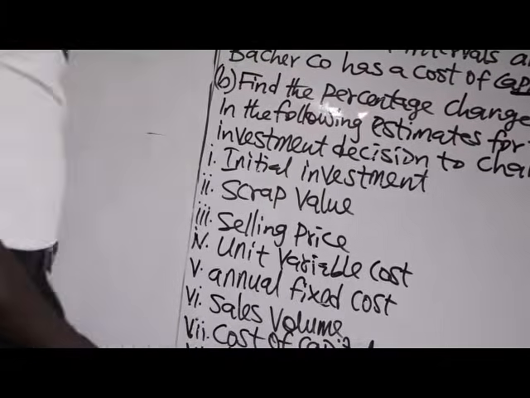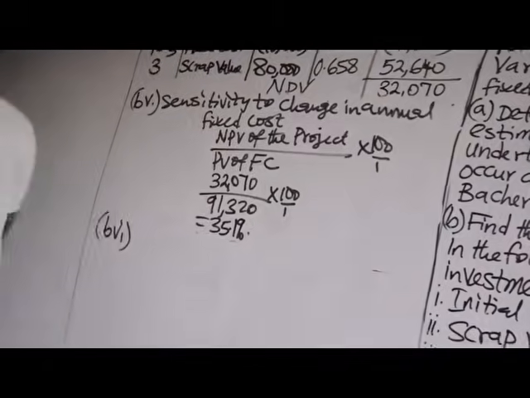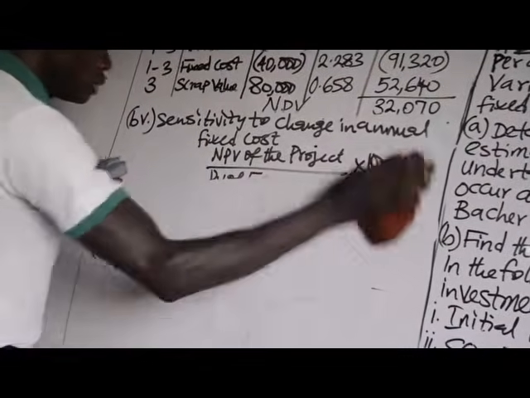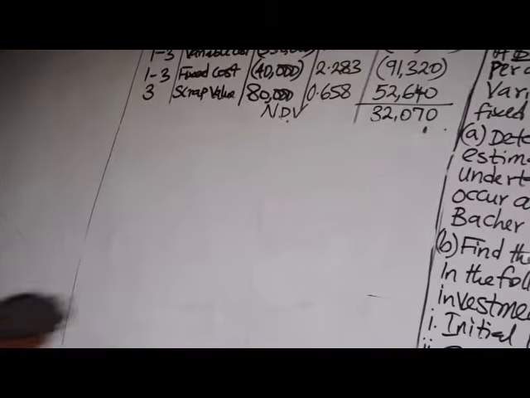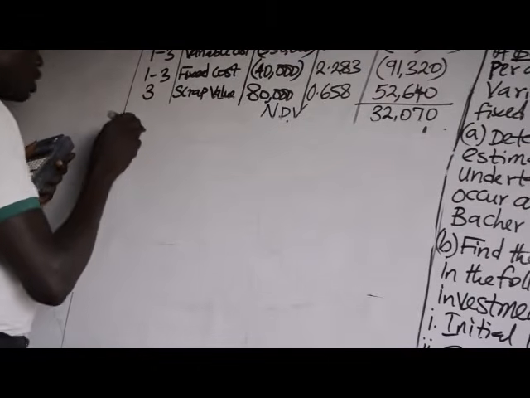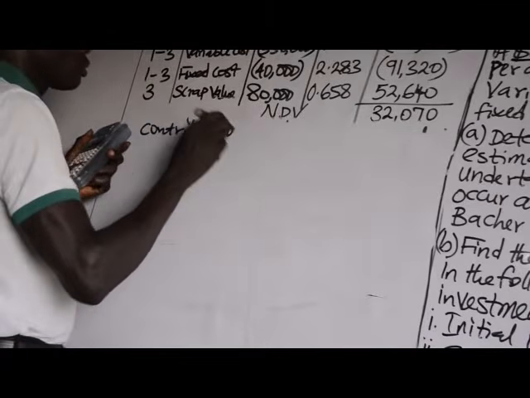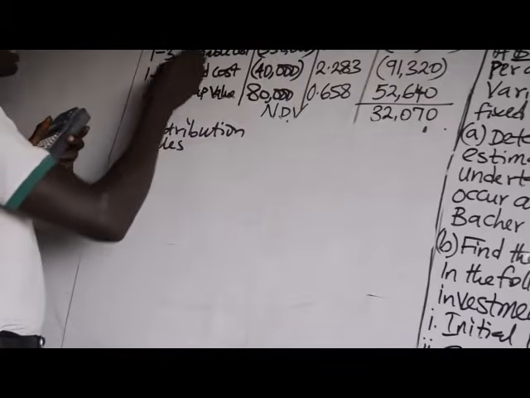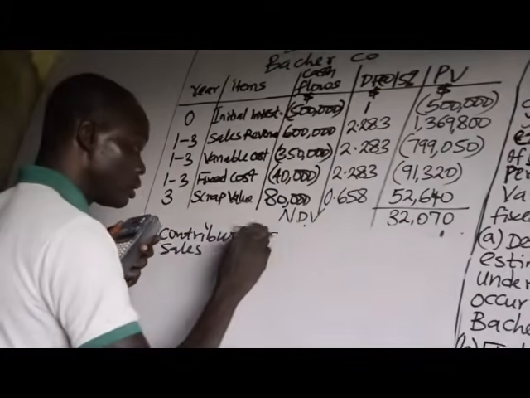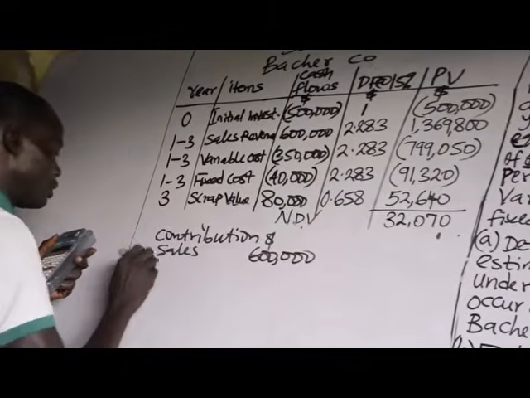I told you that sales volume is referring to the contribution. That means you will need to determine the contribution. Remember your contribution. Now let's calculate our contribution, which is sales. Our sales amounted to 600,000 less variable cost.